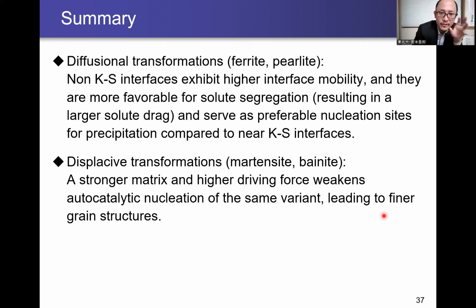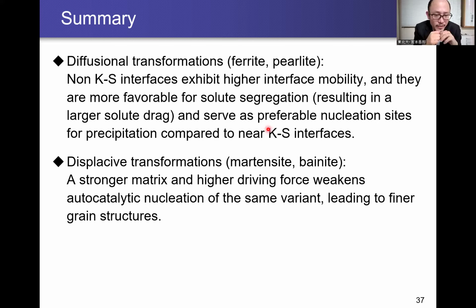Especially the non-KS interface is important because the non-KS interface has higher interface mobility and smaller transformation strain. But the non-KS interface is a more favorable segregation site, and this non-KS interface serves as a preferential nucleation site for cementite and alloy carbide precipitation.